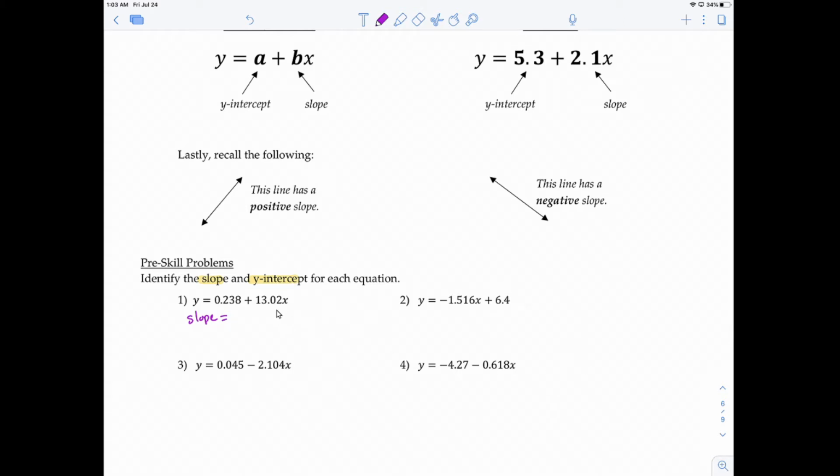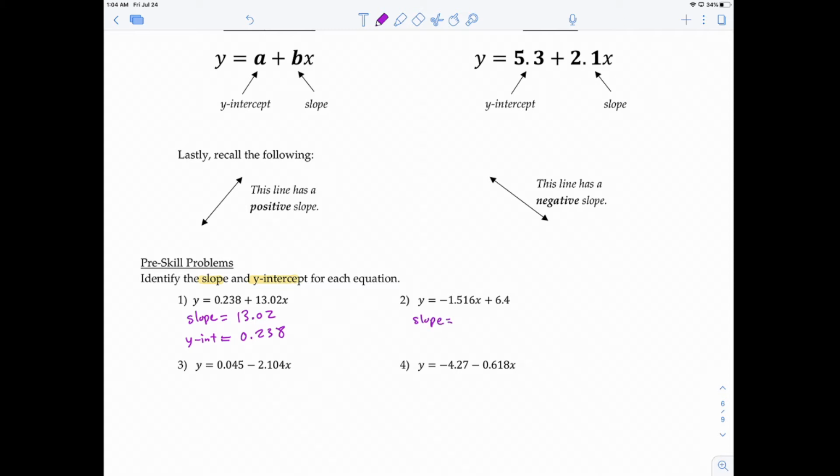So in this case, the number in front of the x is positive 13.02. We always got to take the sign into account. So this is 13.02. And then the y-intercept is the other value, this value right here, positive 0.238.